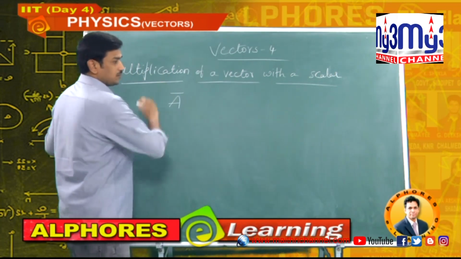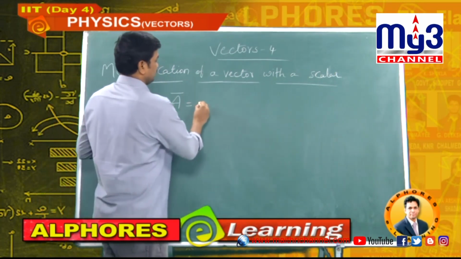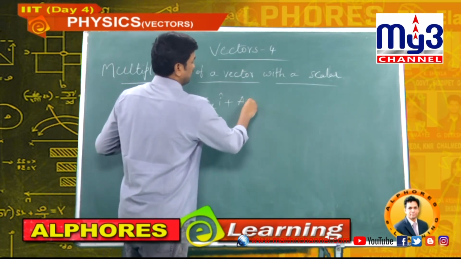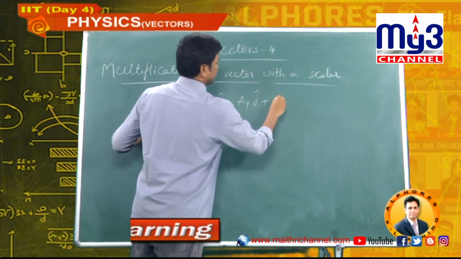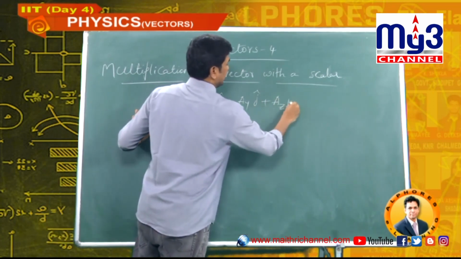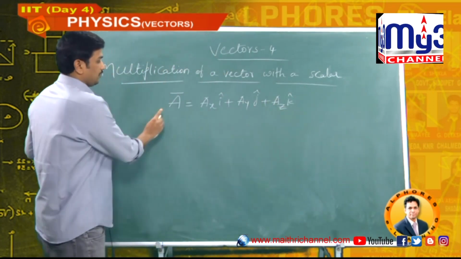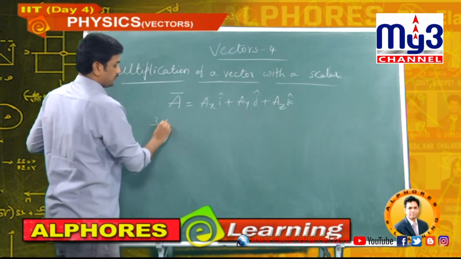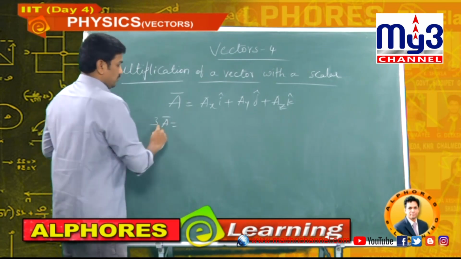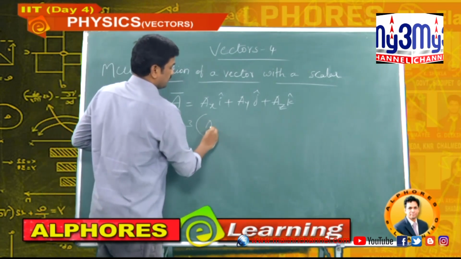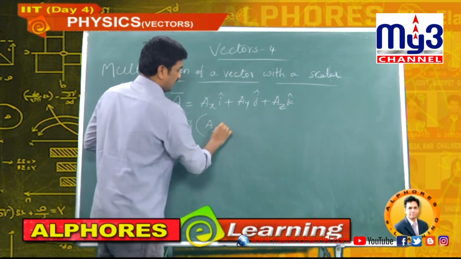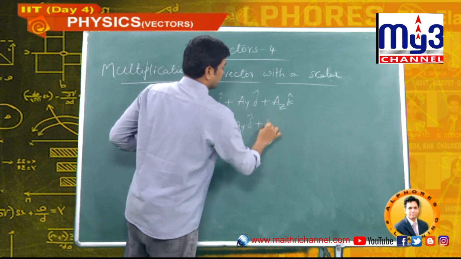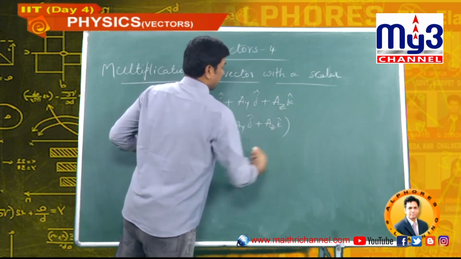A bar is a vector, ax i cap plus ay j cap plus az k cap. If a bar is multiplied with a scalar, let it be 3 a bar, that is 3 into a bar, which is ax i cap plus ay j cap plus az k cap.